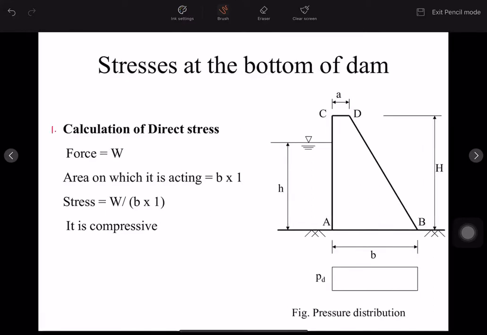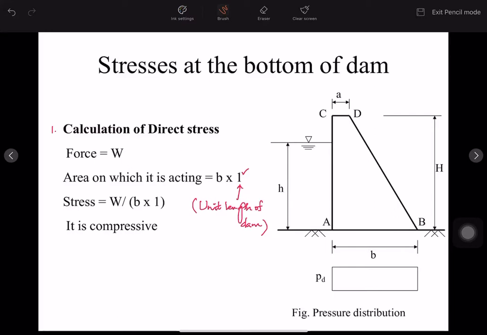Why is it 1? Because I have mentioned in the previous class in the notes that we'll consider a unit length of dam, right? That is why 1.